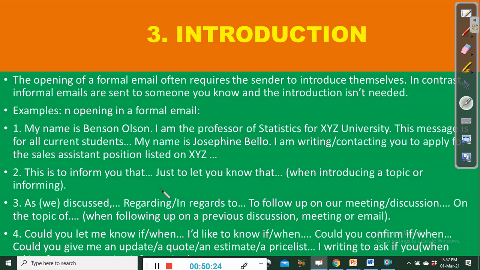If you are following up on a previous discussion or a meeting you had with someone, or even an email you had already exchanged with someone, when following up on a previous discussion, then you can say, as we discussed, or as discussed, or you can say regarding or in regards to this or that.